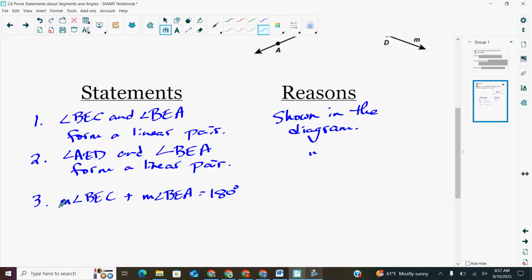In this same step, you can do it in the same or separate steps, but I also know the measure of angle AED plus the measure of angle BEA is also 180 degrees. You could have done these two in one statement if you wanted. We said those were a linear pair, and that's why they add up to 180. That's the definition of a linear pair.